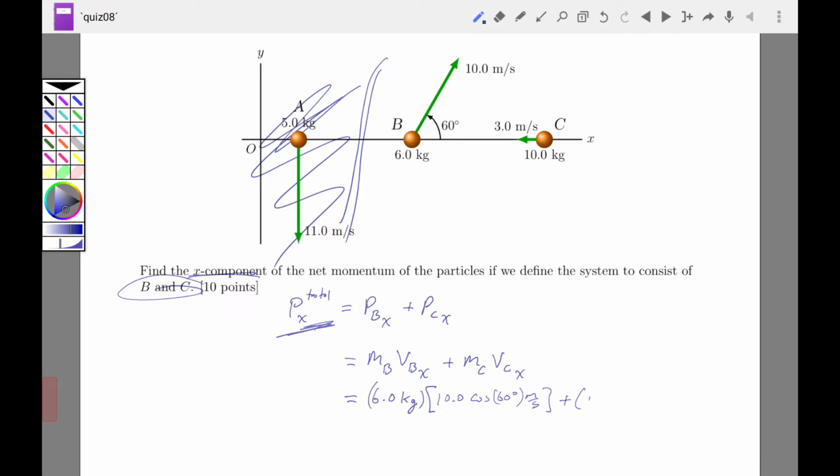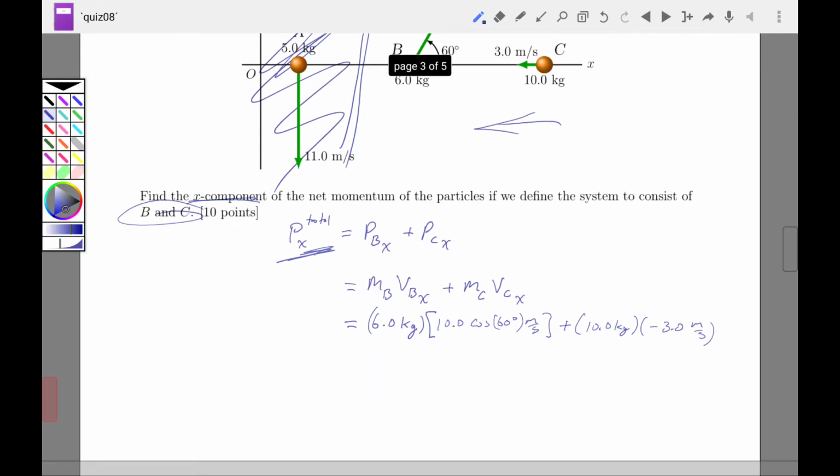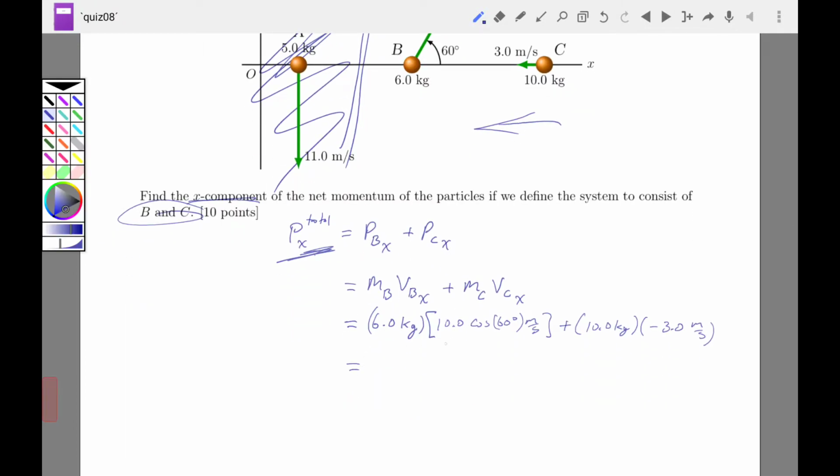The mass is 10. The velocity, the x component of C's velocity, is negative 3.0, right? Because it's pointing that way. What's cosine of 60? Is that 1/2? I think that was 1/2. Cosine of 60, yep.